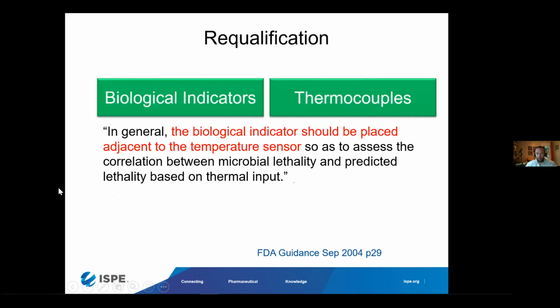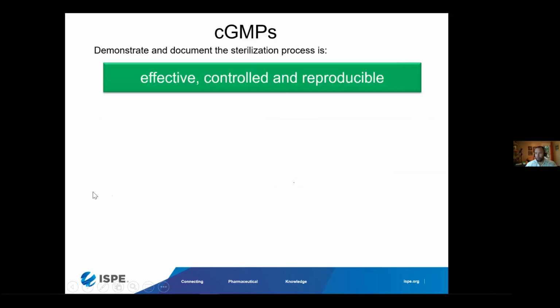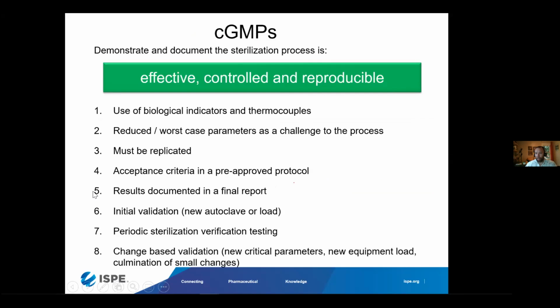FDA guidance gives very good requirements for biological indicators and thermocouples. And really, at the end of the day, this slide is giving what I think are the top 8 requirements for a successful validation per current good manufacturing practices.